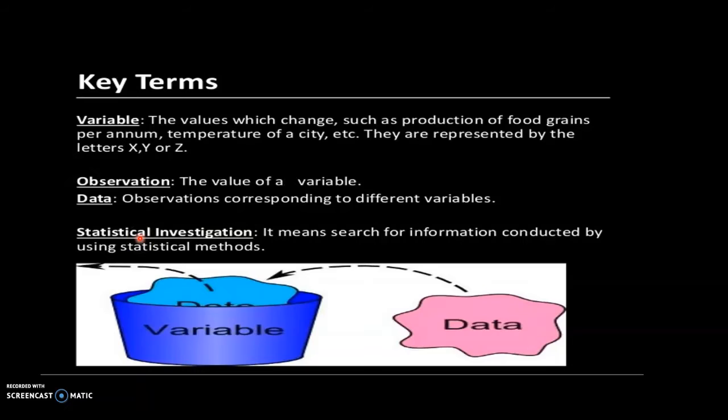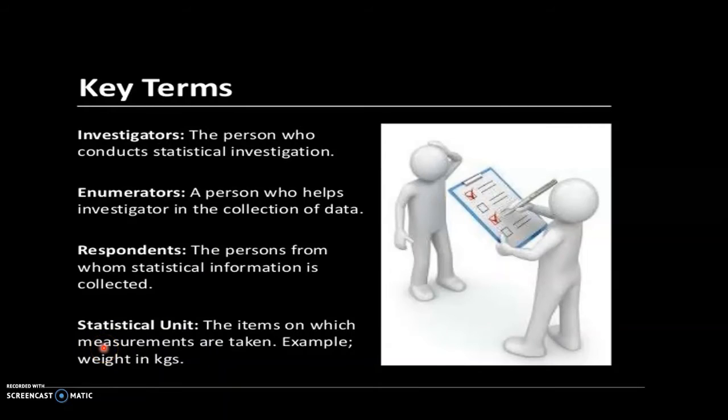It means search for information conducted by using statistical methods. Another important key term is investigators. The person who conducts statistical investigation is known as investigator. Then enumerators. A person who helps the investigator in the collection of data is known as enumerator.